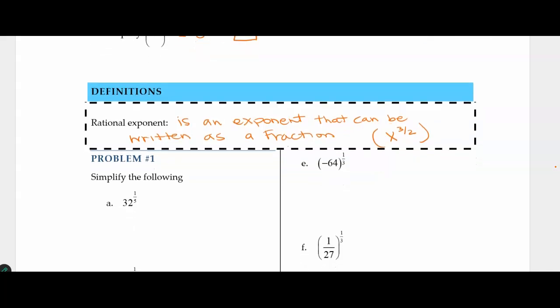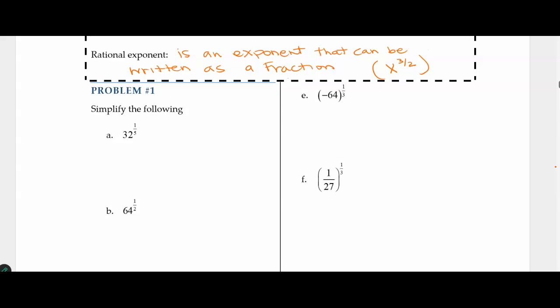All right, let's take a look at some things here, because there is something that I kind of want to point out to you here, and hopefully you can see. So we've got this number, 32 raised to the 1/5 power. So our fractional exponents can be written as radicals. Right? So that's why we talked about radicals in 5.1, because now we're going to take these and change them to radical form to help us simplify.